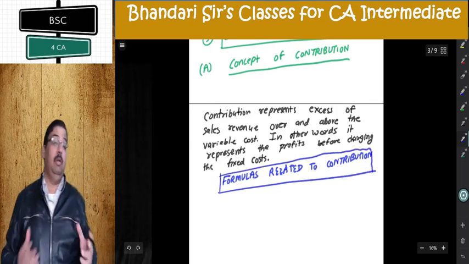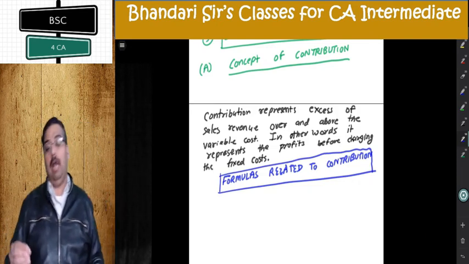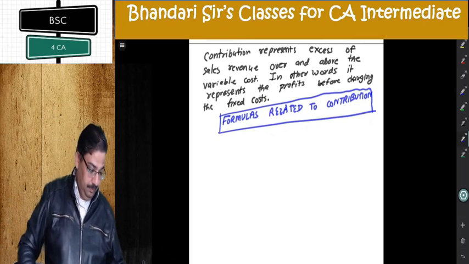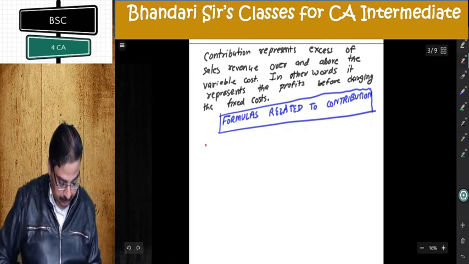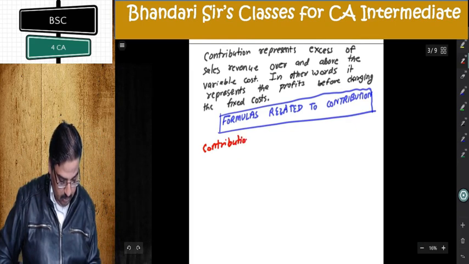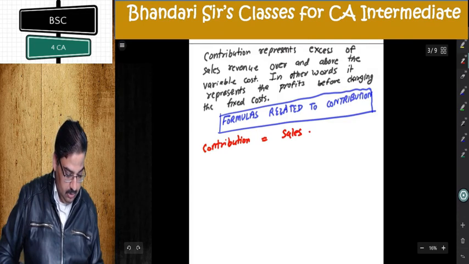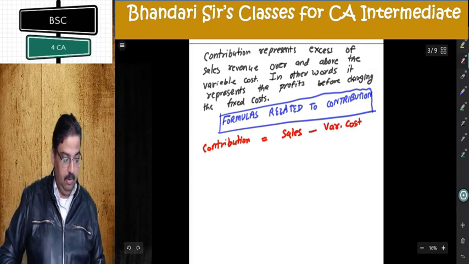In each concept, I'll be telling you formulas related to that concept. Now, the first formula you've already seen. Contribution equals sales minus variable cost.